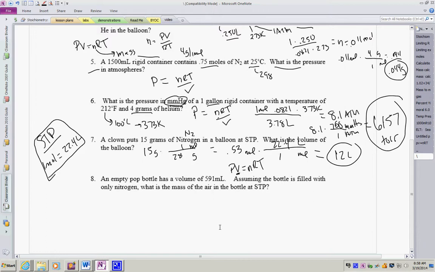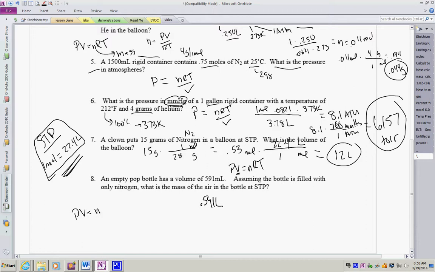Number 8, an empty bottle has a volume of 591 milliliters, immediately converting that to 0.591 liters. Assume the bottle is filled with only nitrogen. What is the mass of air in the bottle at STP? Again, I can use this conversion, but I'm going to use PV = nRT instead, just for this one.